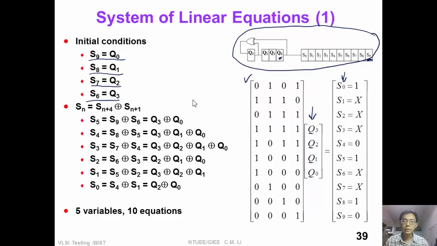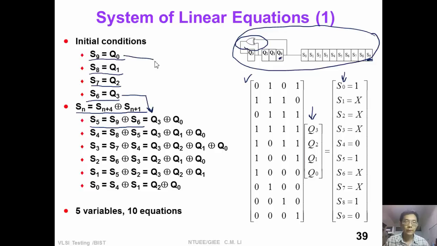After that, because of this inclusive OR operation, we know that Sn is equal to Sn+4 inclusive OR Sn+1. So we can know that S5 is actually equal to S9 inclusive OR S6.